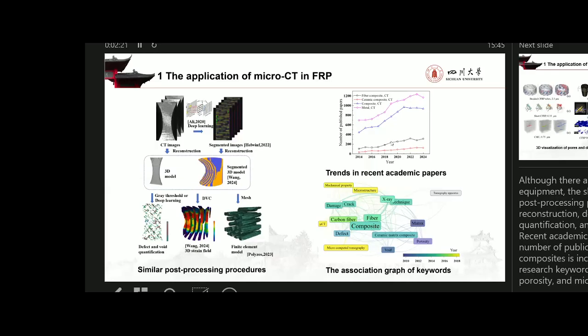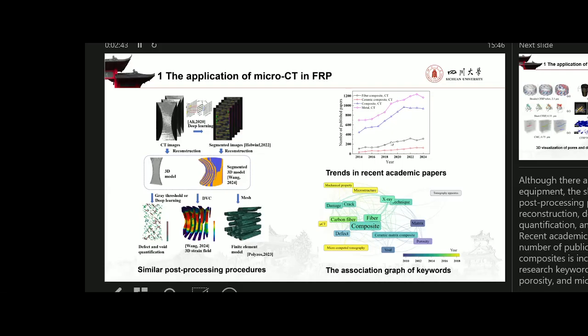With these two CTs, we can get many images and slices, and they have similar post-processing procedures like reconstruction, defect analysis, 3D strain field analysis, and finite element model analysis.